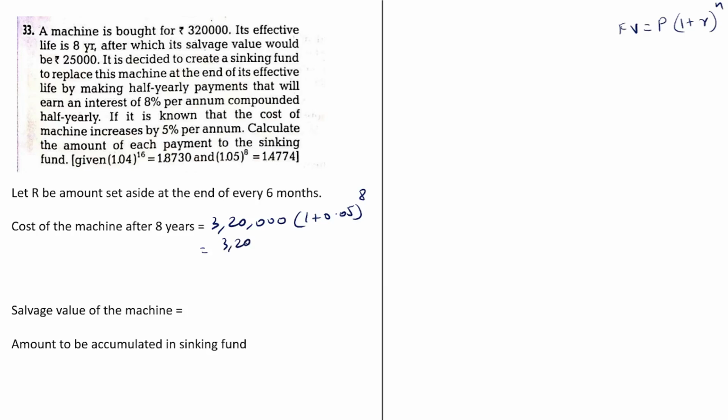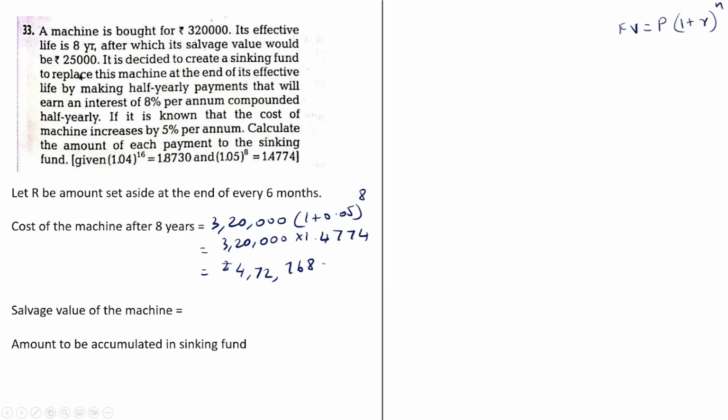So this is 3,20,000 into 1.05 the whole raised to 8. It is given here as 1.4774. When we multiply we get rupees 4,72,768. So this will be the cost of the machine after 8 years.